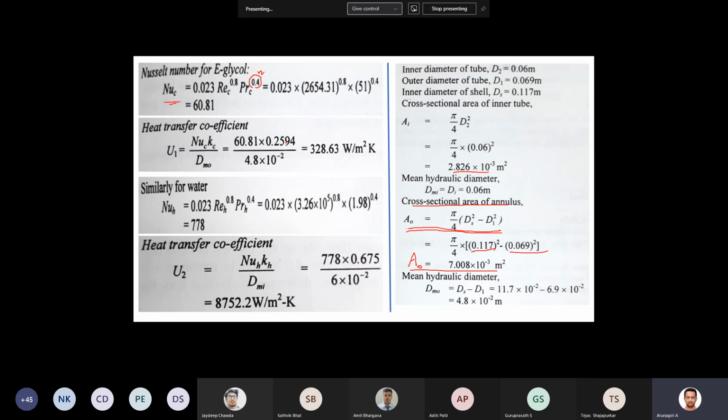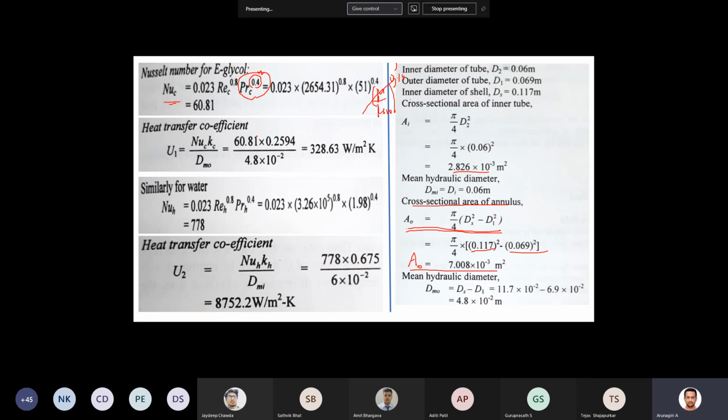So here ethylene glycol is heated up, so you can take n equal to 0.4. Here we have neglected the viscosity correction factor. This is the Dittus-Boelter equation. If you have the viscosity correction factor, then this equation is called the Sieder-Tate equation. So this becomes 1.